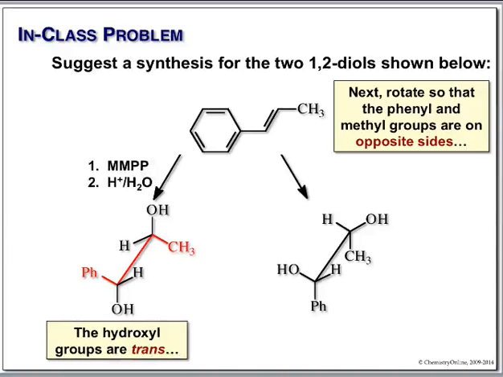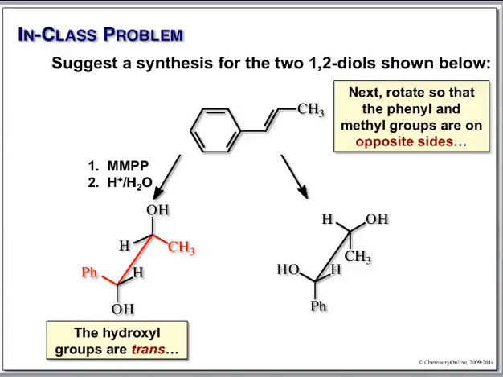All right, let's deal with this guy. Let's arrange it so that the phenyl and the methyl look exactly the same as they did here, just to make it easy. That means we're going to have to rotate them both. Going to have to spin this so the phenyl comes up, like it is here.